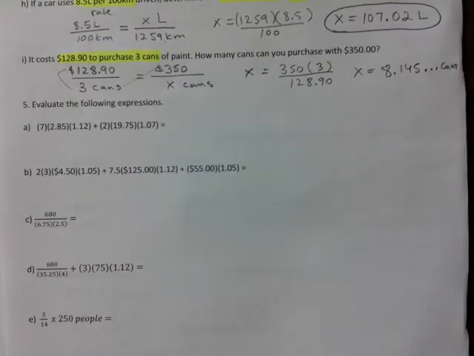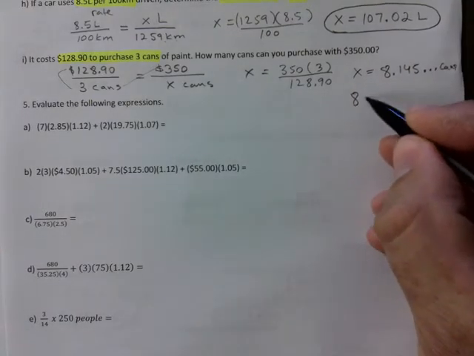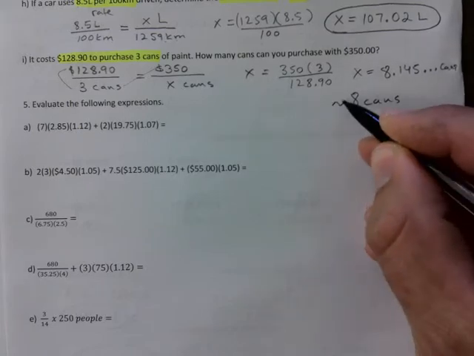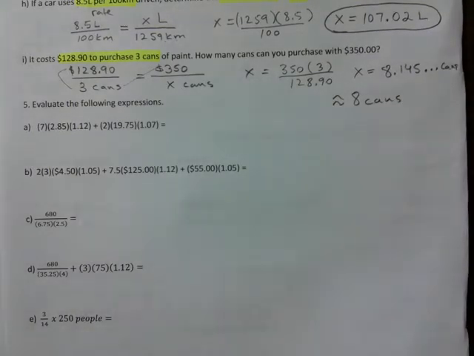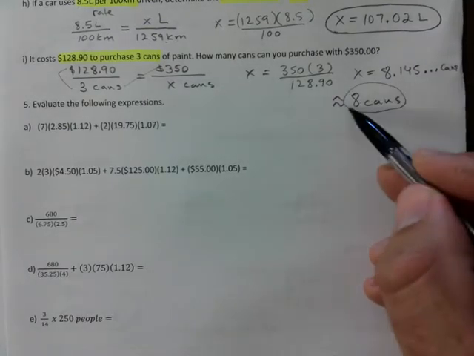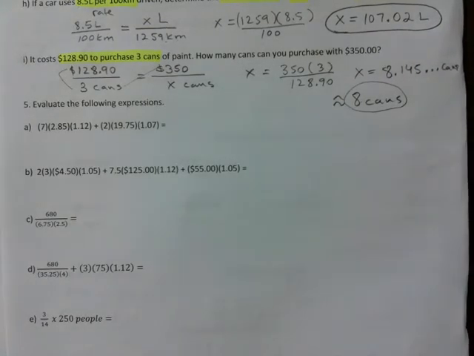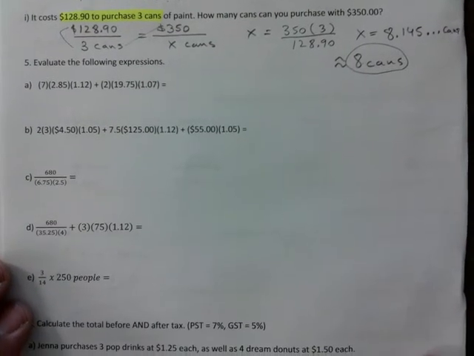So what do I need to do there? I can't quite buy more than 8, so I need to stop at 8. I'll have some change. So approximately 8 cans will be purchasable with that amount of money. Sometimes rounding is not just decimals, sometimes it's whole numbers when you notice that the units are different.